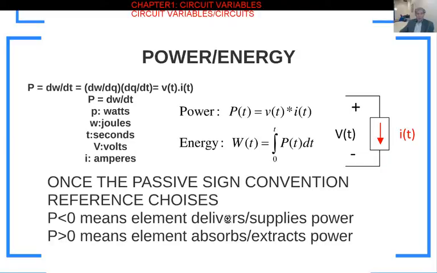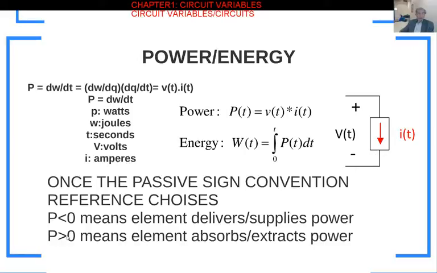So how are we going to differentiate whether an element delivers power or absorbs power? To answer that question, we will make an agreement: if the voltage and current references of an element are chosen according to the passive sign convention, and the resulting power calculation sign is negative, then we say that element delivers or supplies power.